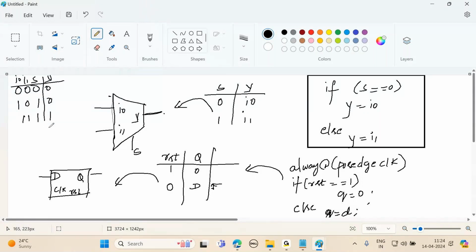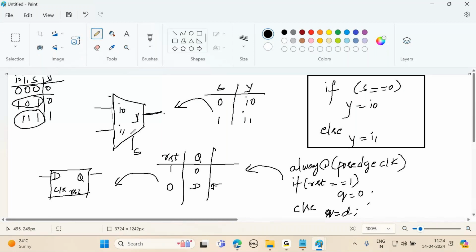This is called a test vector. Apply the test vectors or test cases and verify the output. If you are getting the intended output, then your Verilog is implementing the required functionality. Or else you have to check your Verilog program again.